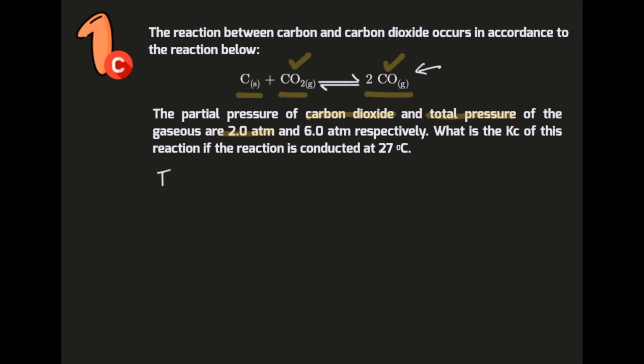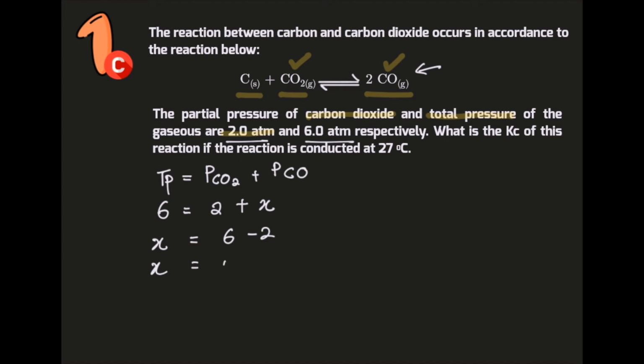So total pressure is equivalent to the pressure for carbon dioxide plus pressure for carbon monoxide. Given to you, the total pressure is 6 atm and the partial pressure for carbon dioxide is 2 atm. So this one will be X. So X is equivalent to 6 minus 2, so you get X equivalent to 4. In saying that, the partial pressure for carbon monoxide is equivalent to 4.